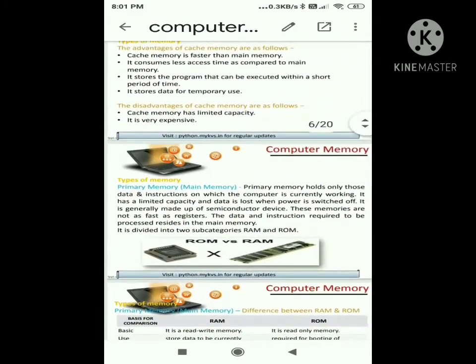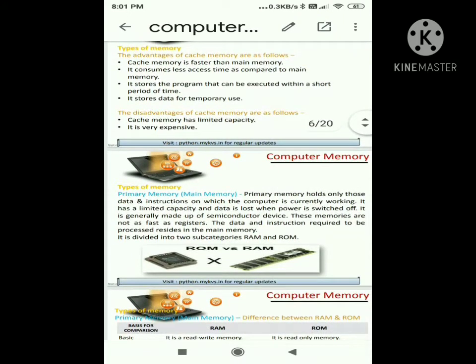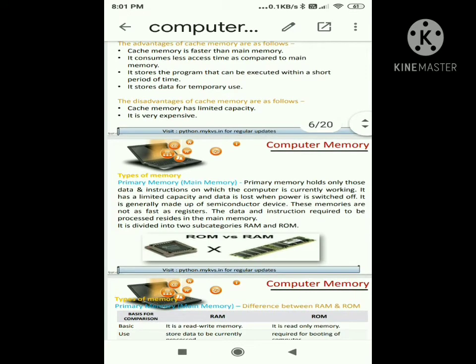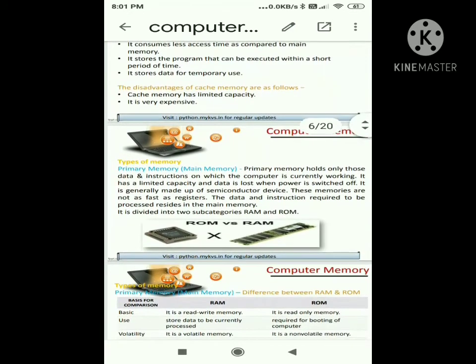The data and instructions required to be processed reside in the memory. It is divided into some categories. The categories are RAM and ROM.